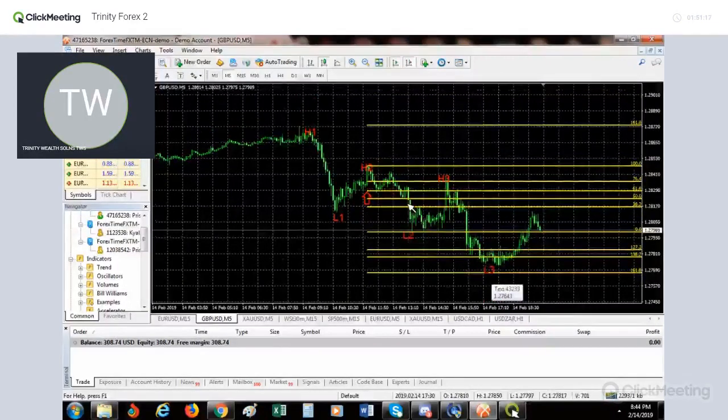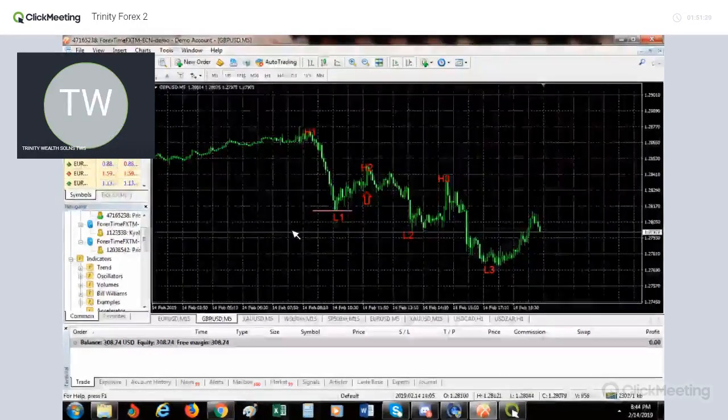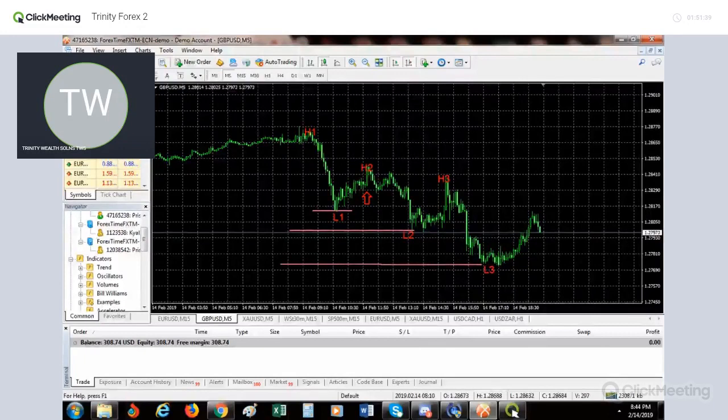Now at this level, you notice the L3 is a little bit deeper. Let me remove the Fibonacci first to explain. This is our L1. This is our L2. And this is our L3.